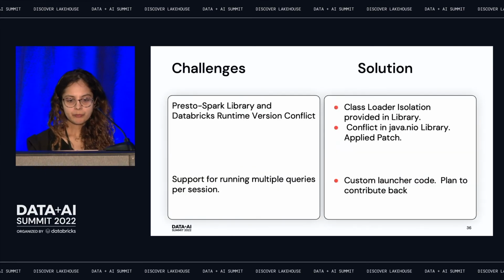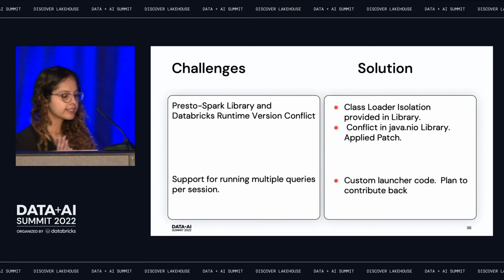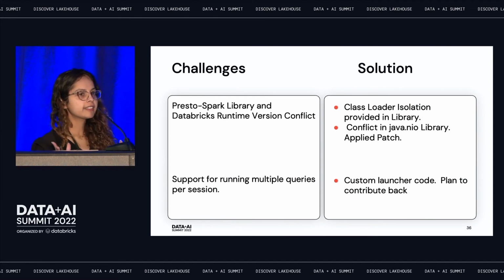For the next 4 or 5 slides, we are going to talk about the challenges that we ran into. We took an open source Presto On Spark library and converted it into a product which is used within Intuit at scale. If you are using Presto On Spark, you may relate to these challenges, or if you plan to use Presto On Spark in future, these may come in handy.